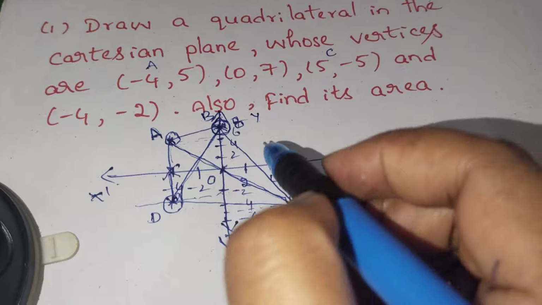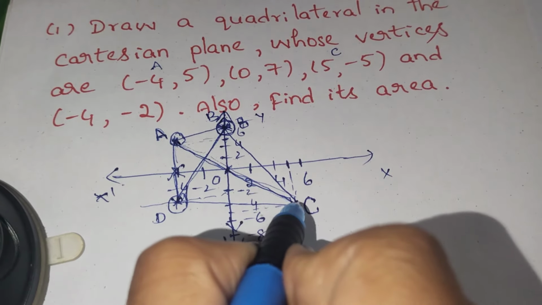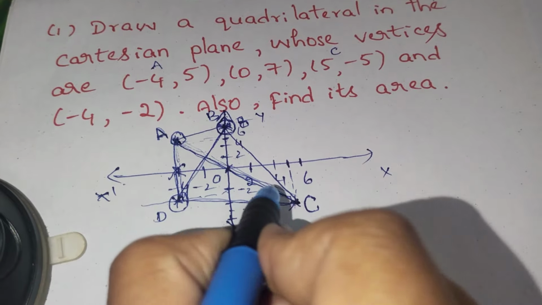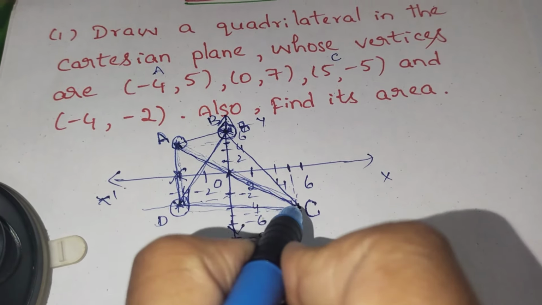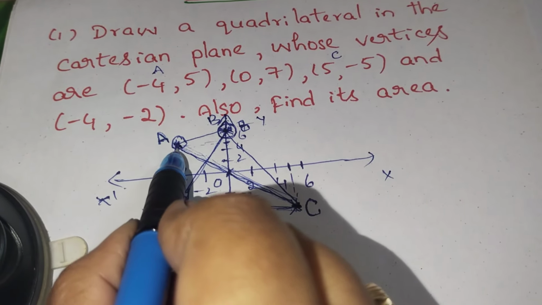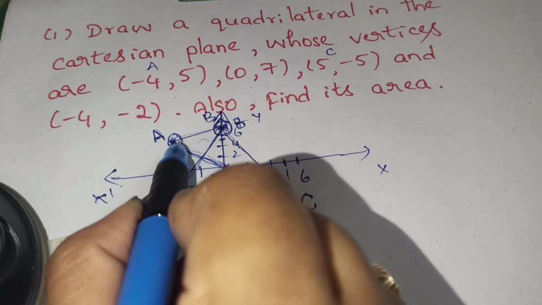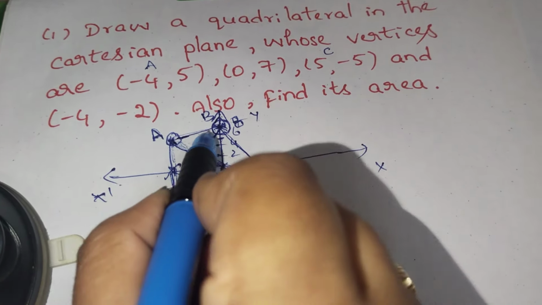If we observe this line, we are getting triangle ACD. One triangle, and one more triangle is ABC. So we get two triangles.